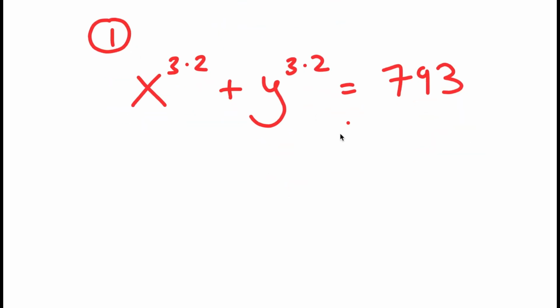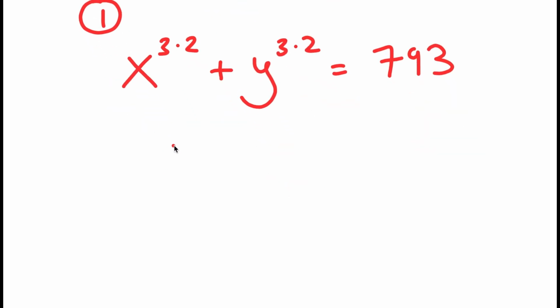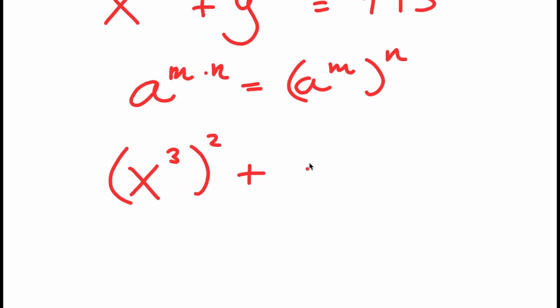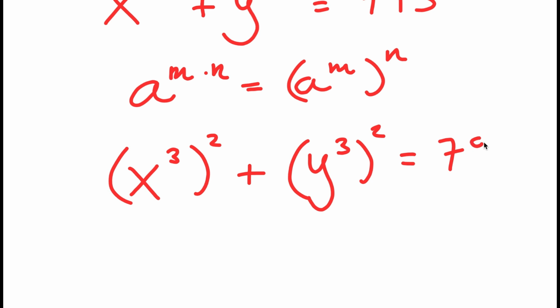Now I can use the property of exponents that says a to the power of m times n is equal to a to the power of m to the power of n. So x to the power of 3 times 2 turns into x to the power of 3 to the power of 2, and y to the power of 3 times 2 turns into y to the power of 3 to the power of 2, and all of this is equal to 793.